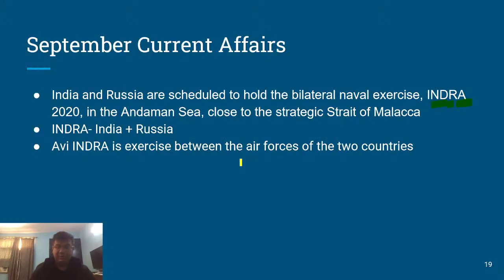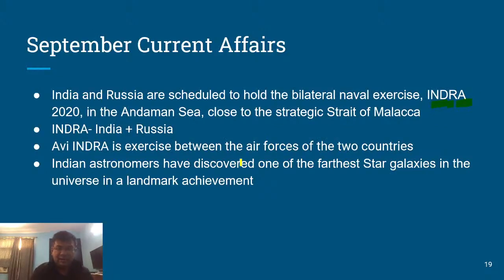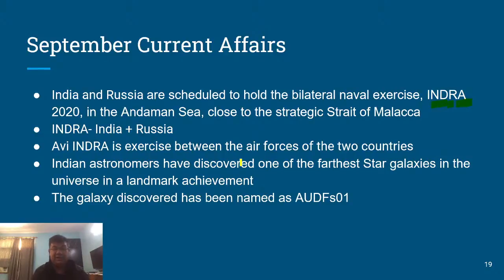Right. Let's continue. So Indian astronomers have actually discovered one of the farthest star galaxies in the universe. It's a landmark achievement, and this has been named AUDFS 01.